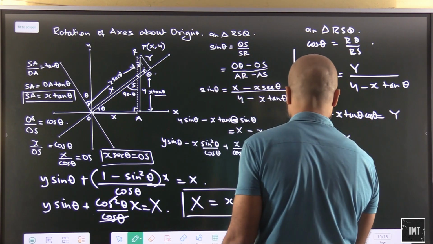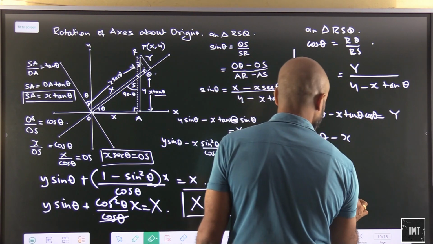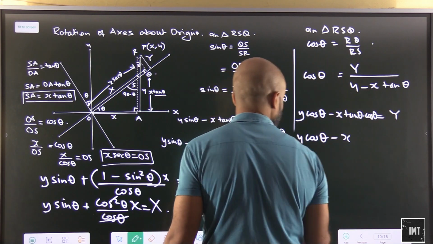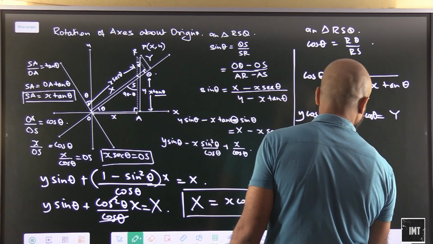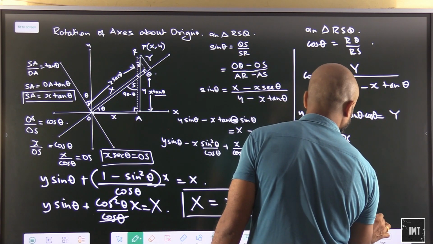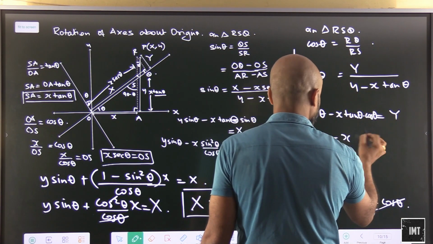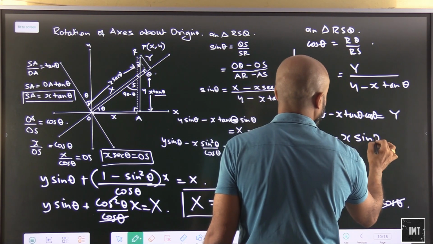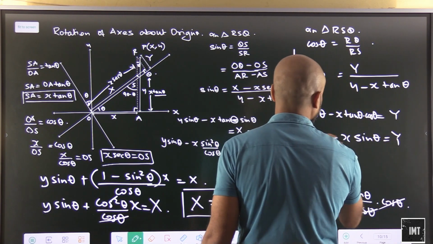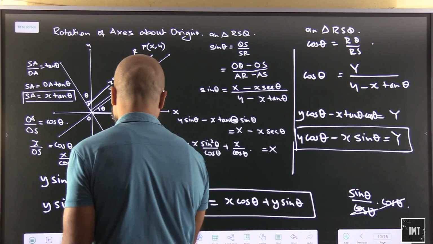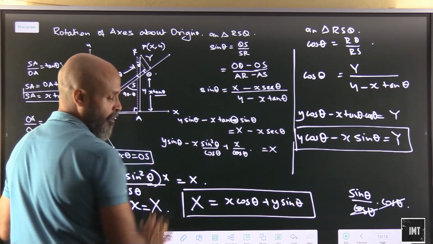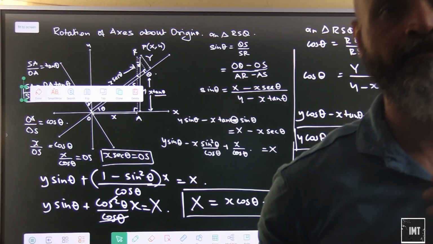X tan theta into cos theta means sin theta upon cos theta into cos theta, so this gets cancelled and this will be x sin theta. So capital Y will have a value of y cos theta minus x sin theta. This is a very important derivation that we have basically done.